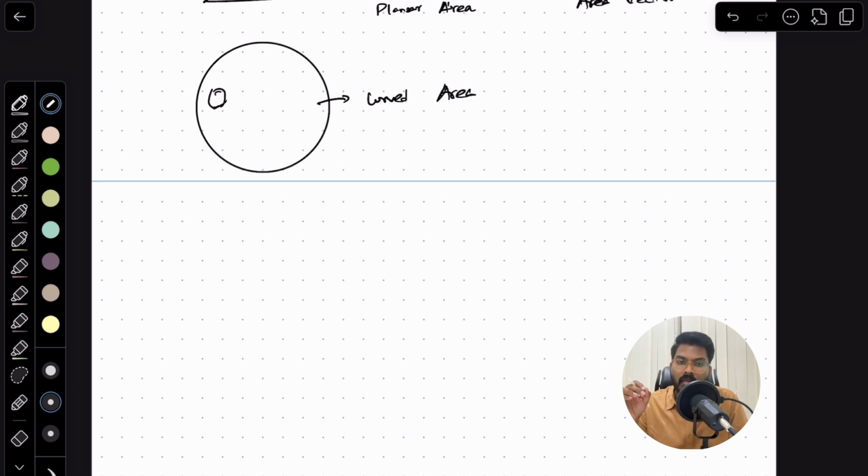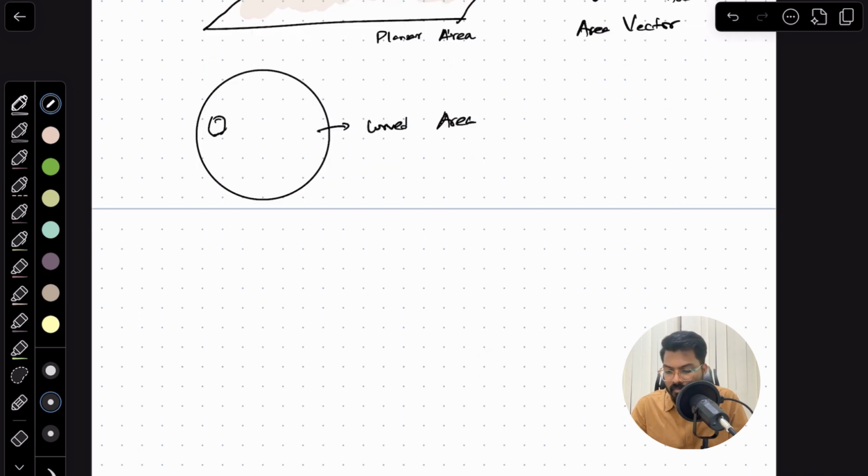So this is a small planar area. Now if I draw a normal to this, it goes like this. This is ds vector, which is also in the direction of n cap. So it is the same. ds vector is equal to ds into n cap. That is for a curved area.